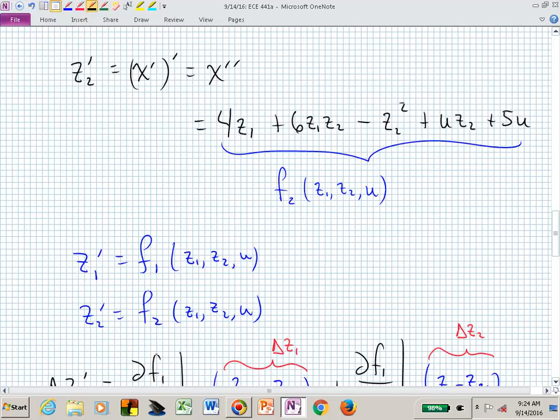And we've already found from F sub 1 that Z sub 2 is 0. So everywhere we see a Z sub 2, we replace it with 0, and a lot of things go away, don't they? The three middle terms are now gone. And now we need 4Z1 plus 5U to equal 0.